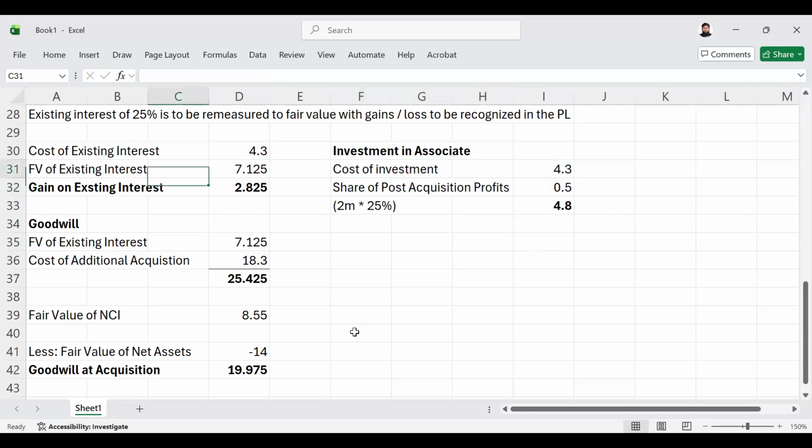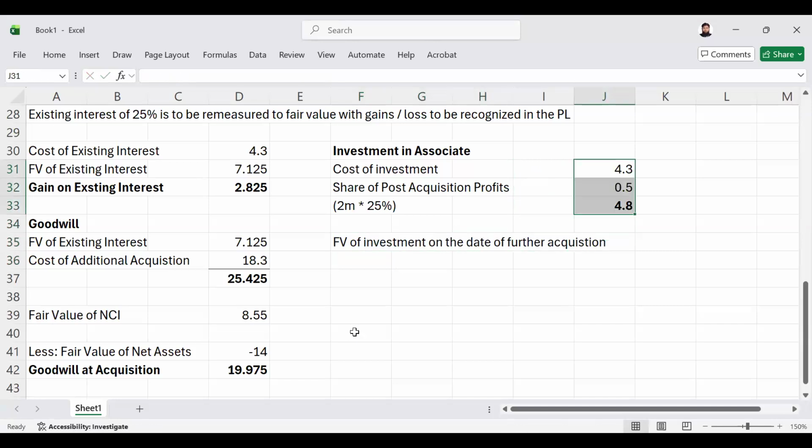So technically, when we dispose of, it has to be deemed as a disposal of the investment. The fair value of investment on the date of further acquisition is 7.125.